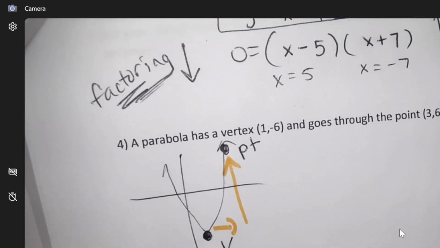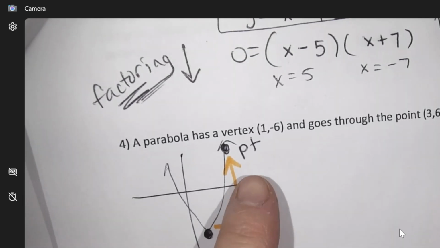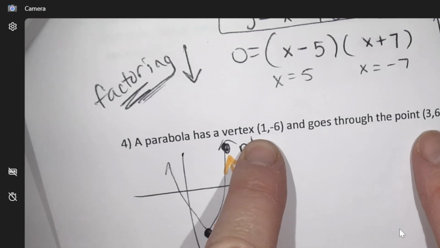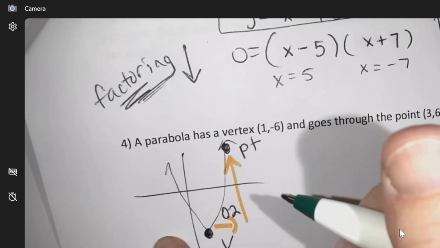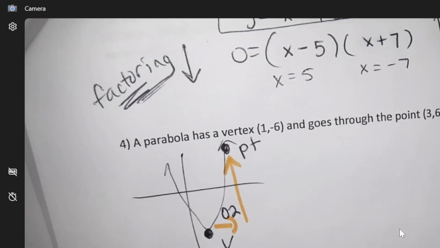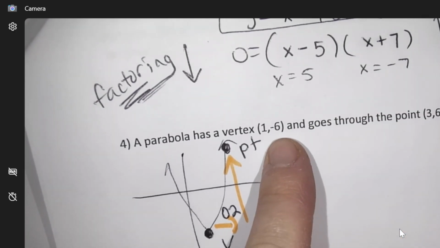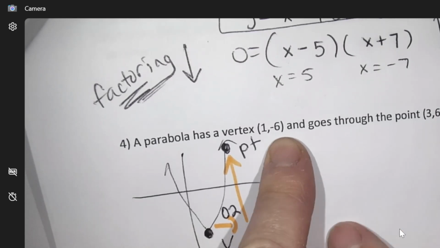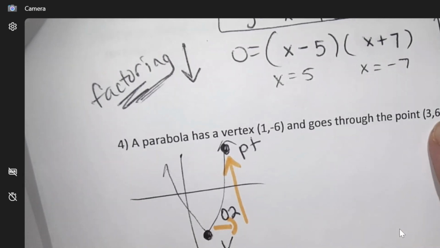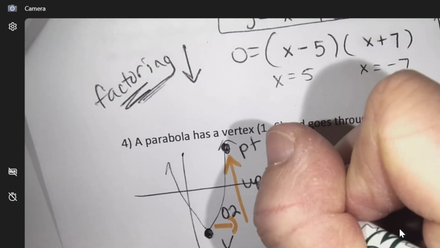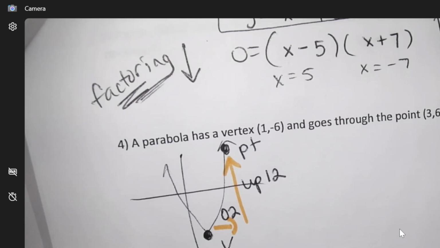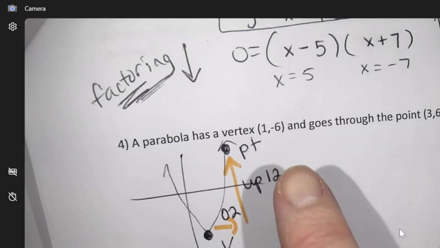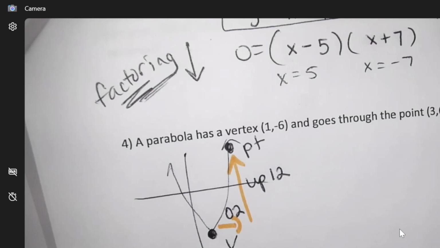How much have you moved over and how much have you moved up? So if I'm looking at my numbers, I went from an x of 1 to an x of 3. So I have moved over 2. Then on the heights, I was at a negative 6 and now I'm at a 6. So that has made me move up 12. Is that good? We figured that out? From negative 6 to positive 6, that's 12 jumps.